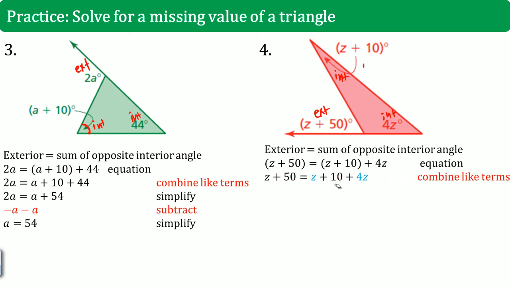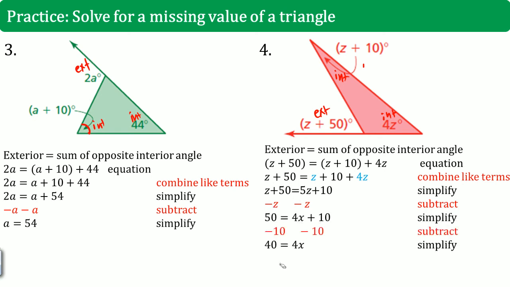The z plus the 4z becomes 5z. You're going to subtract z from both sides to get 4z. Subtract 10 from both sides. You get 40 equals 4z. Oh, sorry, I made a mistake. This should be z here. Divide by 4 on both sides. You get z is equal to 10.